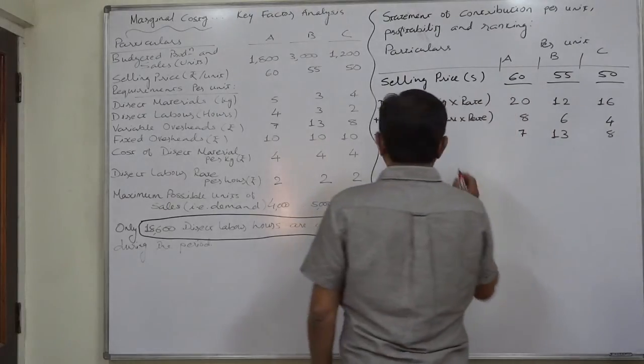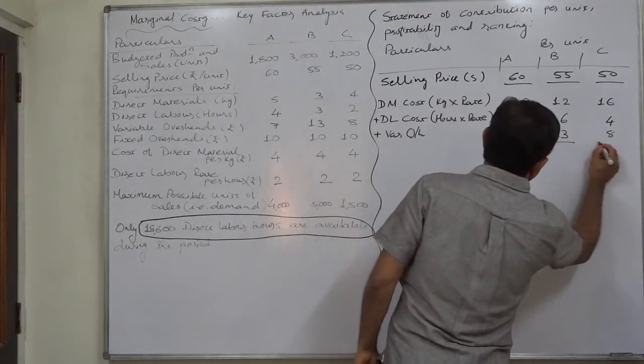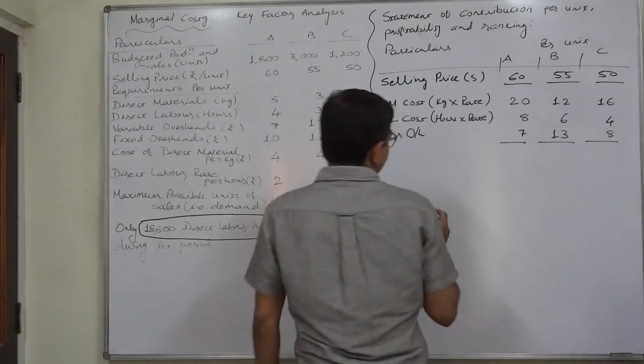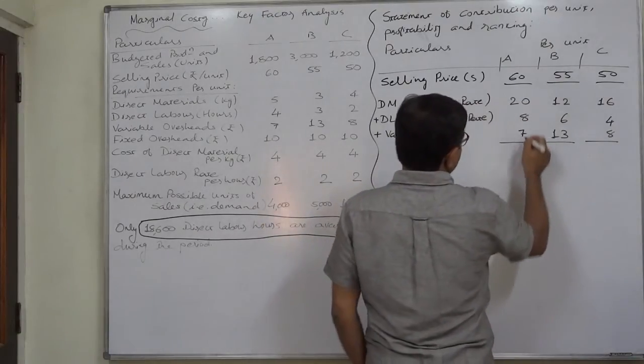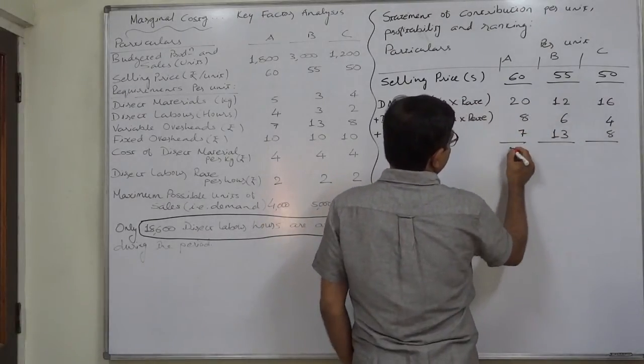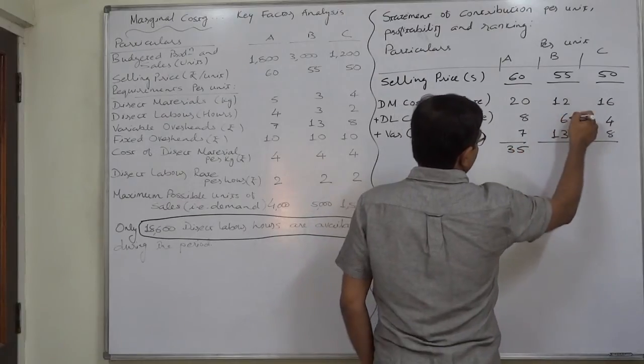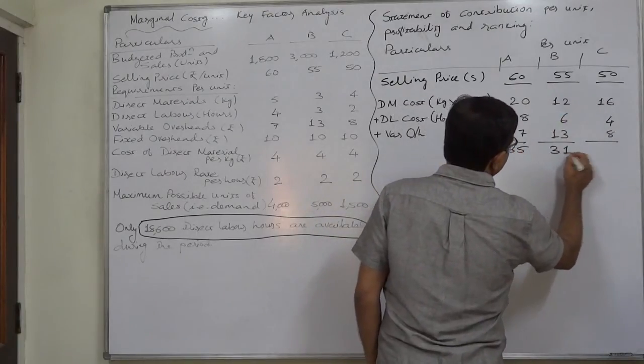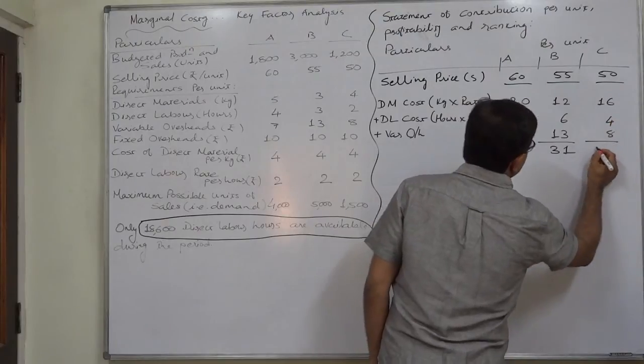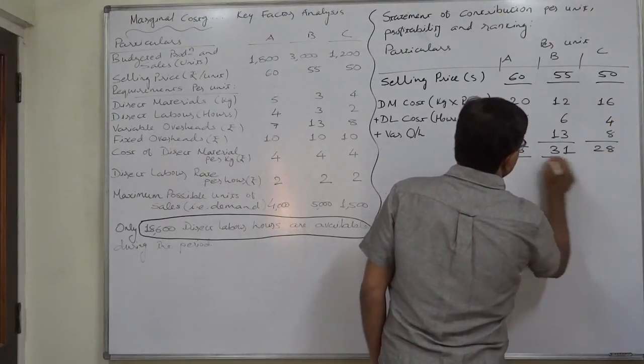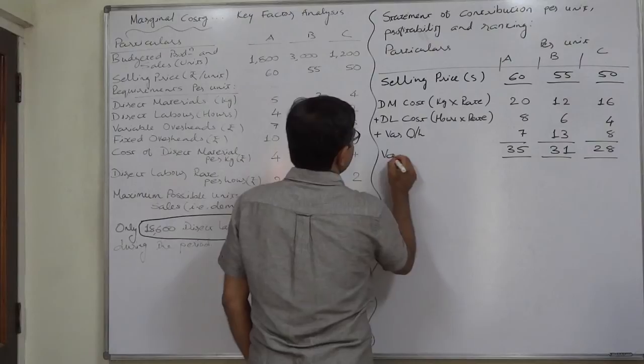There is no other item to be included in variable cost. So the summation is 20 plus 8, 28, plus 7, 35; 12 plus 6, 18, plus 13, 31; and 16 plus 4, 20, plus 8, 28. These three amounts are the variable cost.